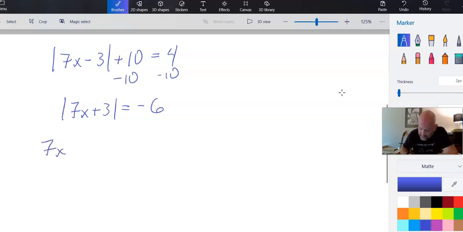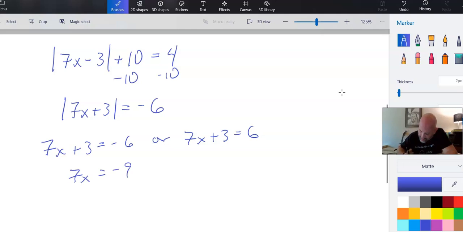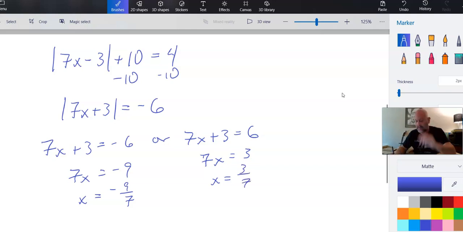If I split this and solve these things: if I subtract 3, I get 7x is equal to negative 9, which gives me x is equal to negative 9/7. And then over here, if I subtract 3, I get 7x is equal to 3, which gives me x is equal to 3/7.